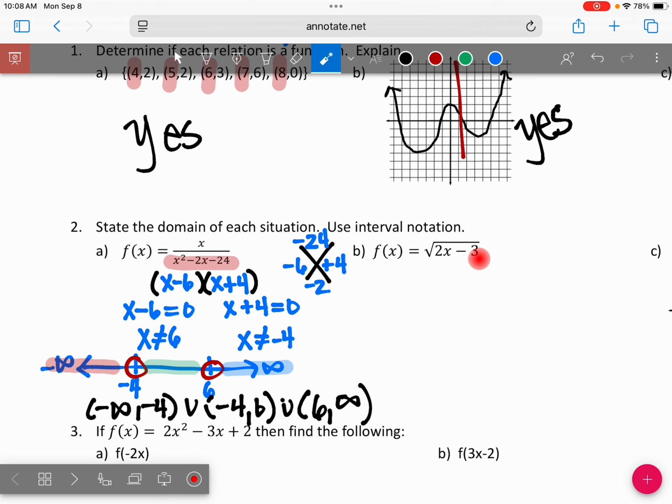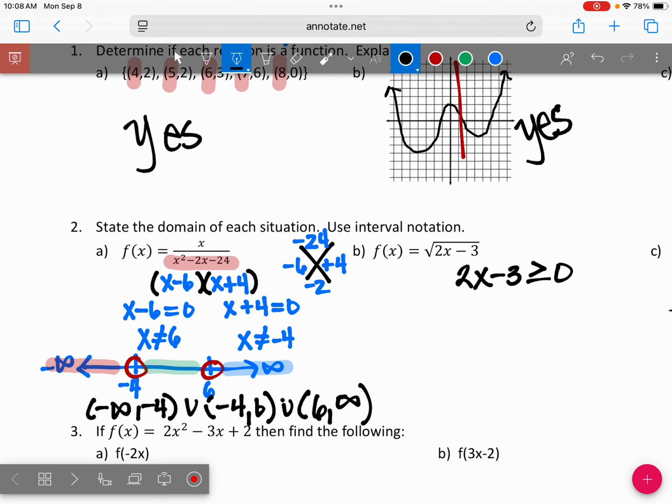Now for a square root, you can take the square root of 0. If you use your calculator and you type in the square root of 0, you will not get an error. The error comes when you try to use numbers that are less than 0. So that means that when I write my inequality, it has to be greater than or equal to 0.